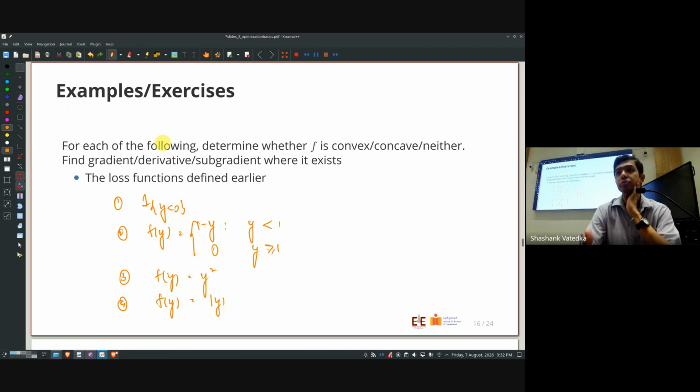How do you prove that it is not convex? I want you to give an analytical proof to show that the function is not convex. Again, you can use either of these three properties that we had. We had three equivalent ways of defining convexity. Okay.